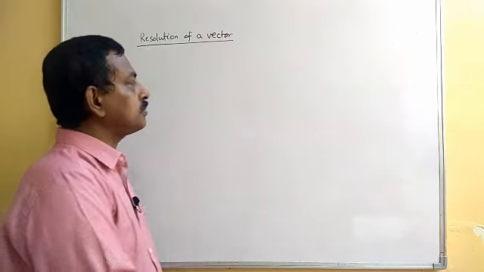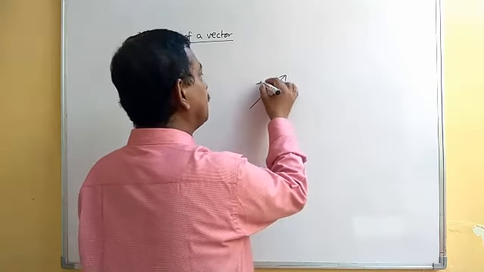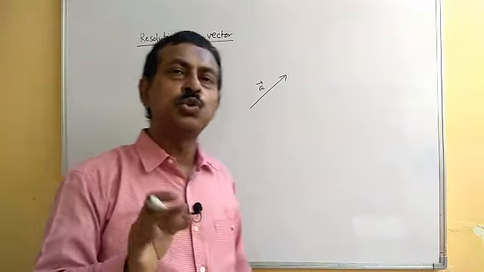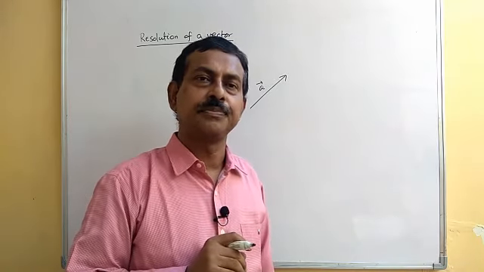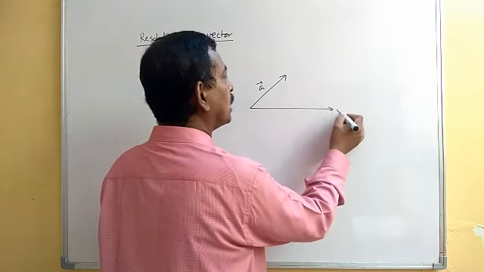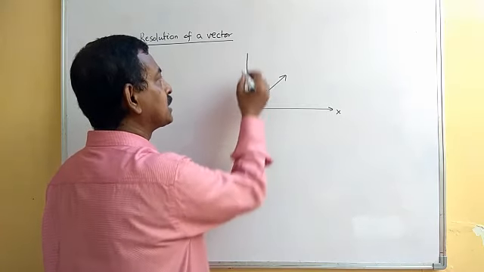Suppose here you have one vector. This is vector A. I want to resolve it into two components which are mutually perpendicular. Suppose I want to resolve it into a vector along the x-axis and another which is along the y-axis.